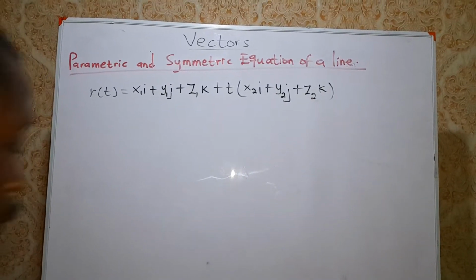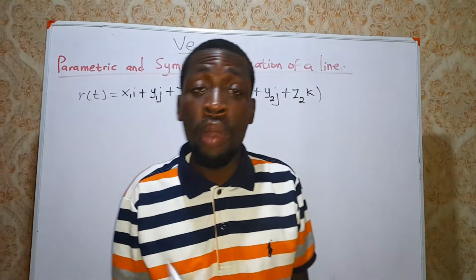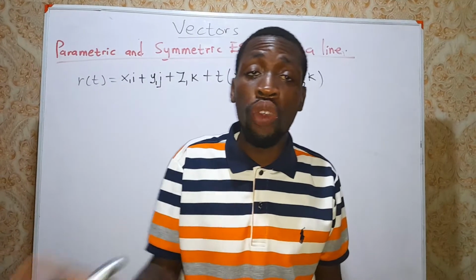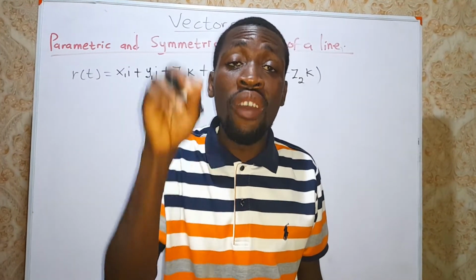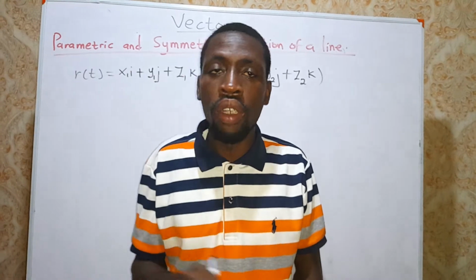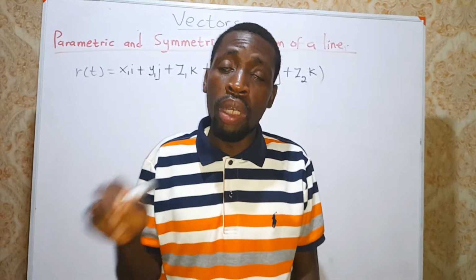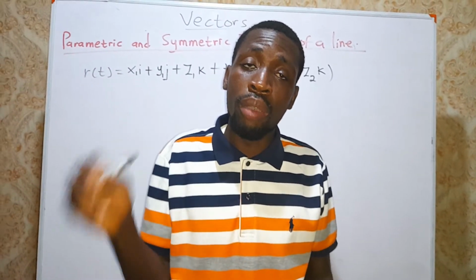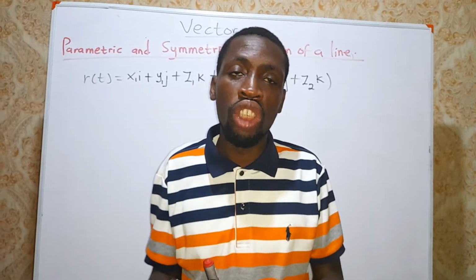Okay, so before we can find the parametric and the symmetric equation of a line, we need to know the vector equation of the line. Very, very important. So remember, to find the parametric and the symmetric equation, you need the vector equation of the line.